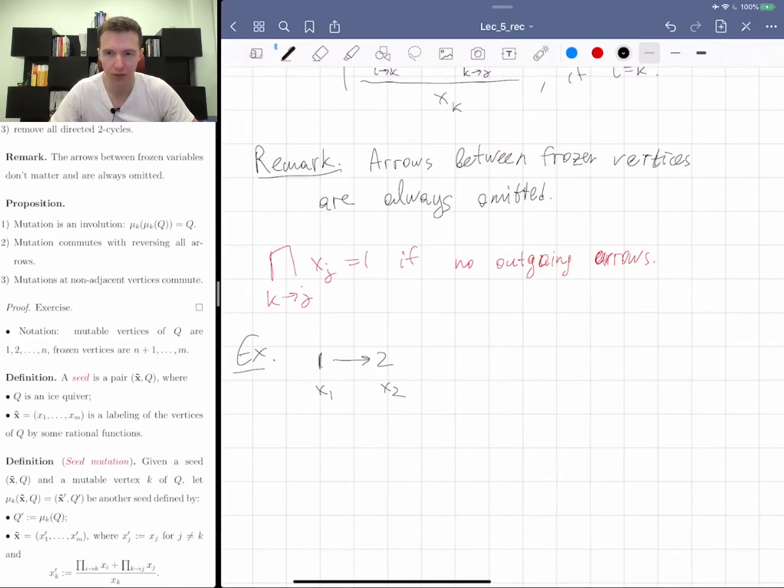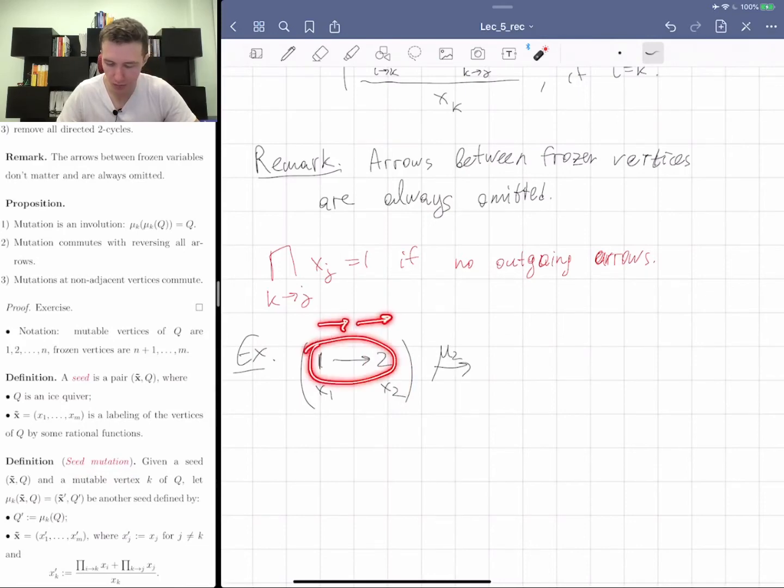So I can start by mutating one of these vertices. Let's say that's my quiver, and then let's say I mutate the second vertex. So I want to apply seed mutation to the second vertex. If you look at the definition of quiver mutation, there is no 2-path in this quiver, so the first step is trivial.